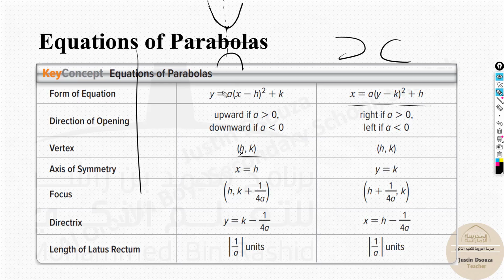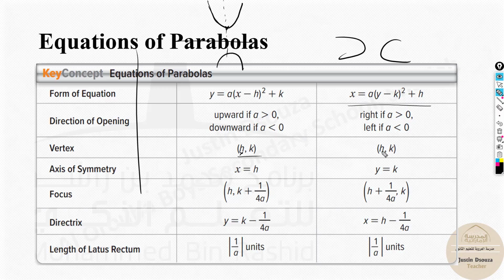If it is opening upwards, a is positive, so the focus will be above the vertex. Whereas if it is opening downwards, a is negative, then it would be below. Anyways, if you just know this formula, it's more than enough. It will be k plus 1/4a. And the directrix line would be k minus 1/4a. That's the thing. These are the formulas.